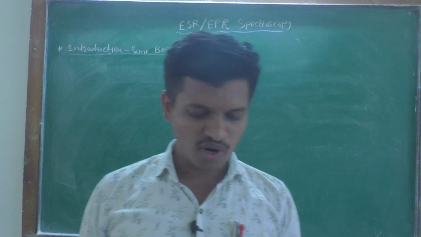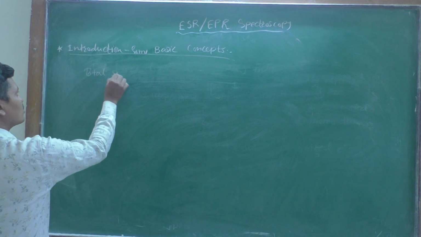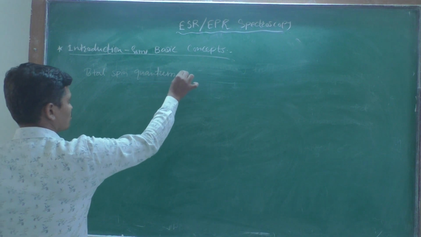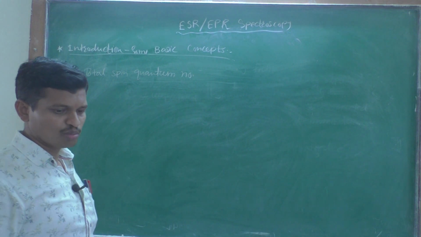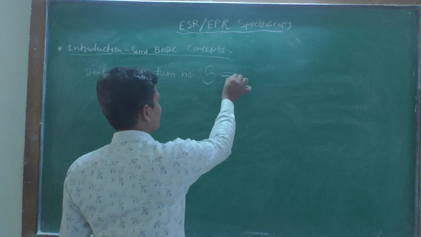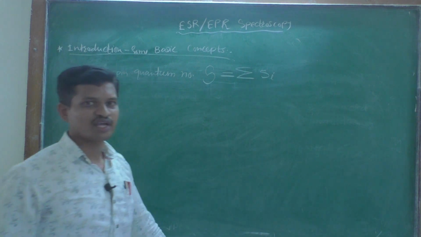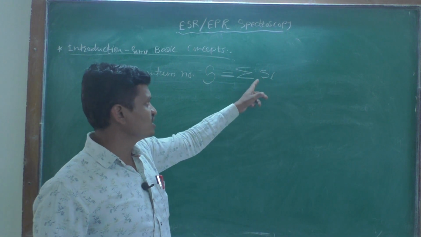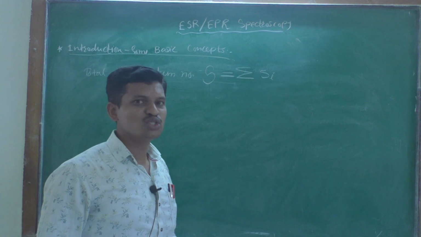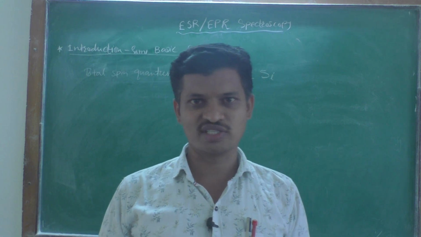The total spin quantum number S, denoted by capital S, is given by the summation of Si. So what is Si? It is the vectorial sum of the individual spins of all electrons present in that system or substance.